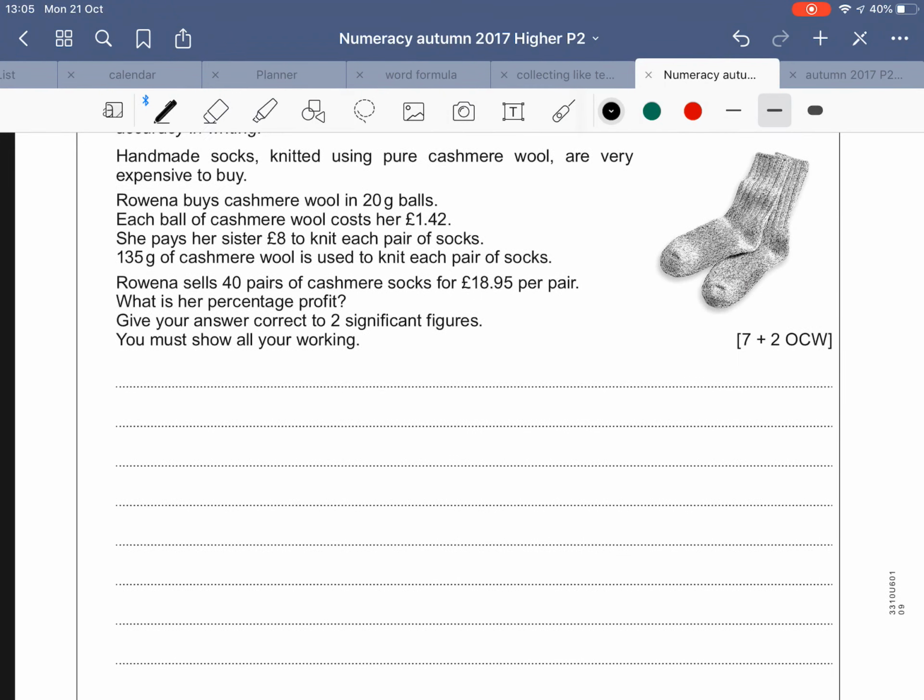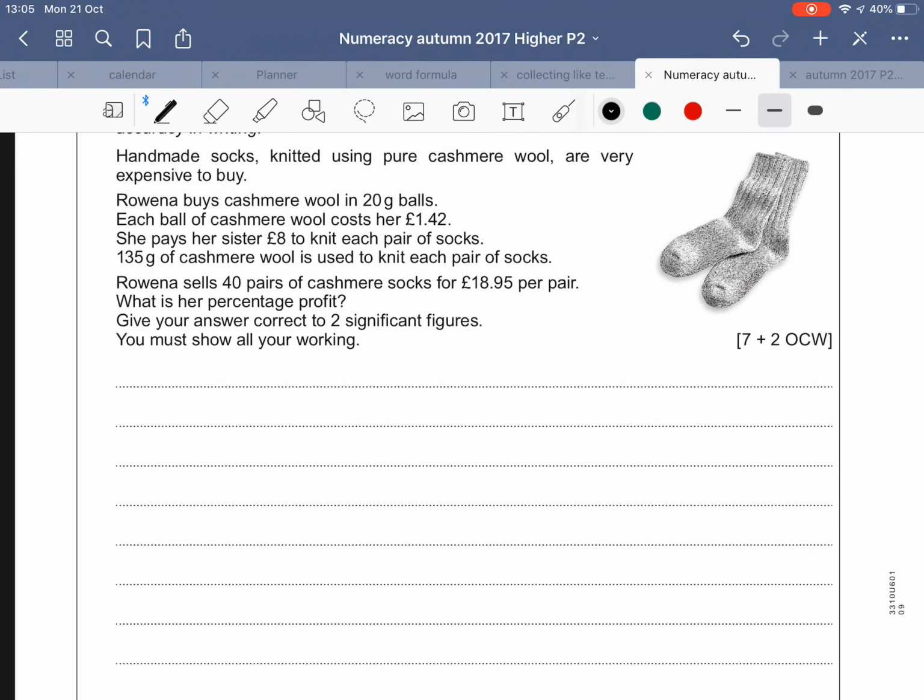The cost then of the wool, if each one is £1.42 and she is buying 270 of them, means it's going to cost her £383.40.